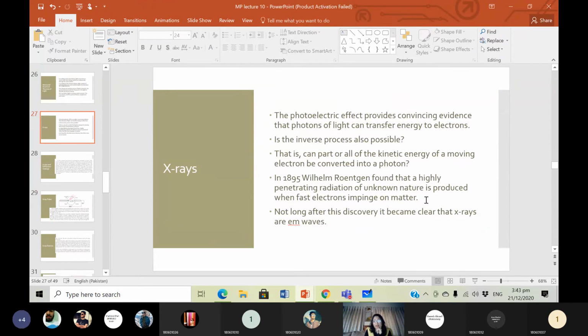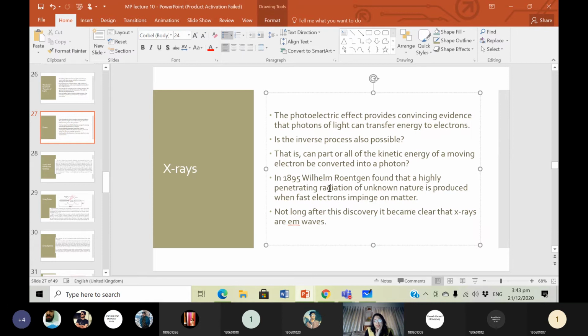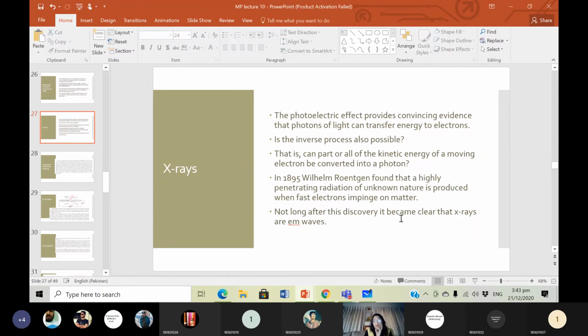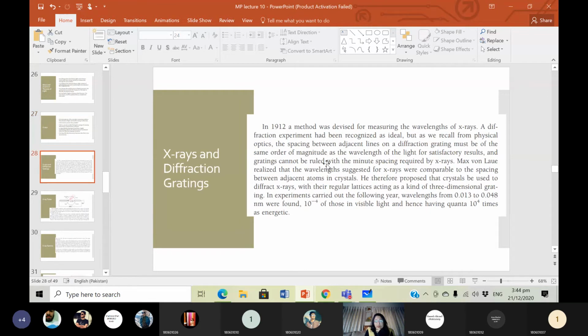I'm not sure if he discovered the X-rays or not, but he was the one who discovered that when fast electrons reach some piece of matter or some metal, for example, then this really penetrating radiation, which is the X-rays, is produced. Not long after this discovery, it became clear that X-rays are electromagnetic waves as well.